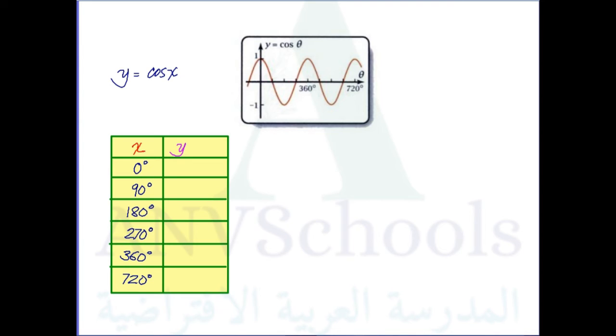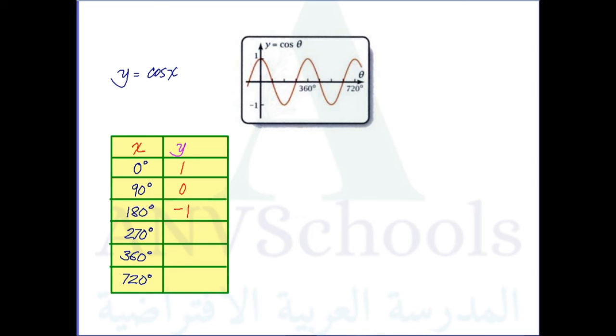So cosine of 0 degrees is equal to 1. Cosine of 90 degrees will be equal to 0. Cosine of 180 degrees, just change your 90 to 180, that would be -1.